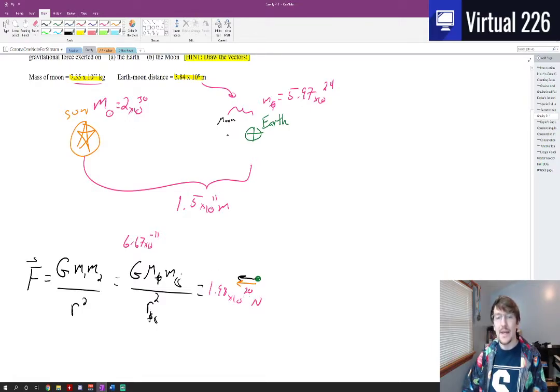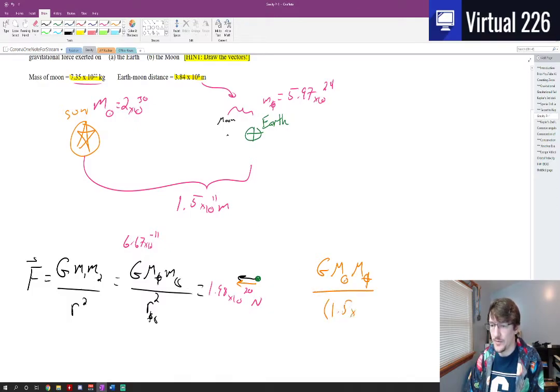Now I have to do this exact same thing, but with the sun. I'm going to set up the same thing. It's going to be G, the mass of the sun and the mass of the Earth, because those are our two masses here, divided by the Earth-Sun distance, 1.5 times 10 to the 11th, squared.